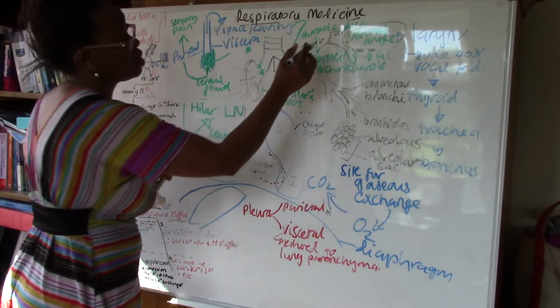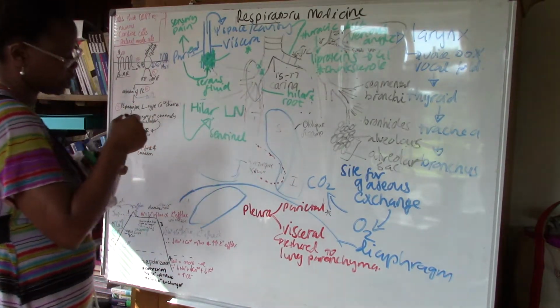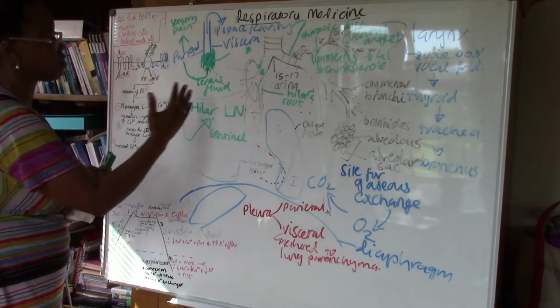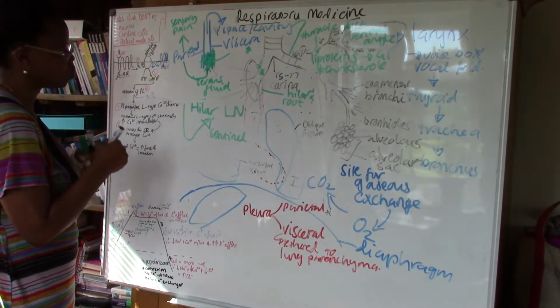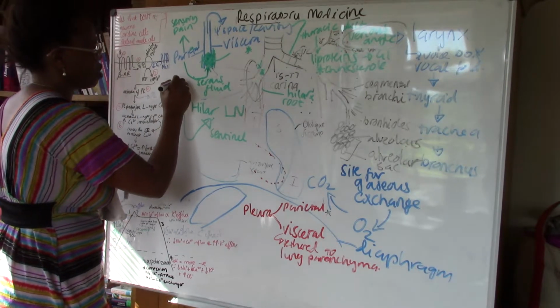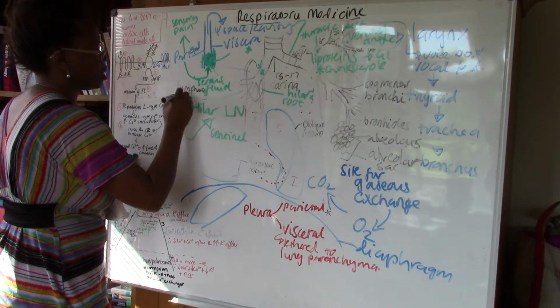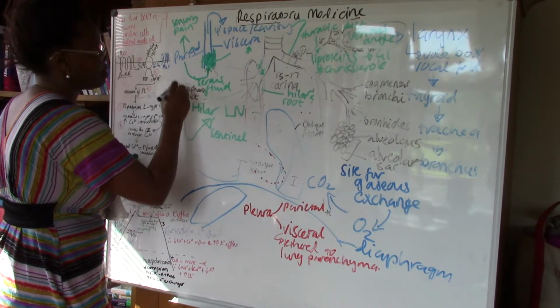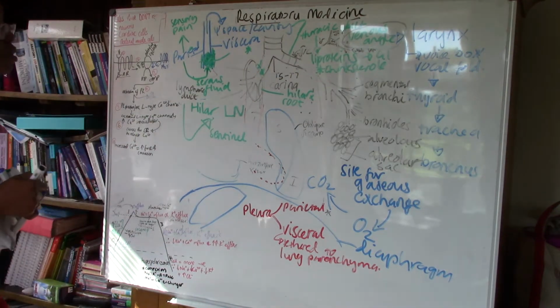So this is the venous angle where the thoracic duct enters the circulation. And then on the right, the hilar finally drains into what we just call the lymphatic duct, which is also at the right venous angle.